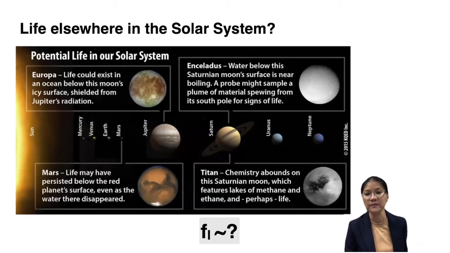So the most top of mind candidate, as you probably know, is Mars. It's the planet next to us. It's also in the habitable zone. And the question is whether life has persisted below the surface even as the water disappeared. So now we only find traces of liquid water.